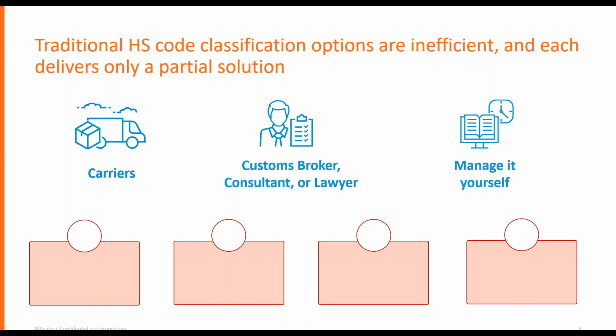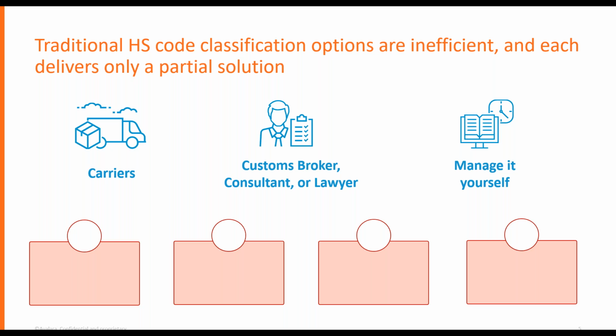Really, when it comes to carriers, we kind of walked through an example of only indicating citrus fruit, not the exact specific type of fruit that's being sold. Carriers will apply that international code, sometimes at a very affordable cost, but they do not dive into the exact product that's being sold, and therefore you could be overcharging your customers.